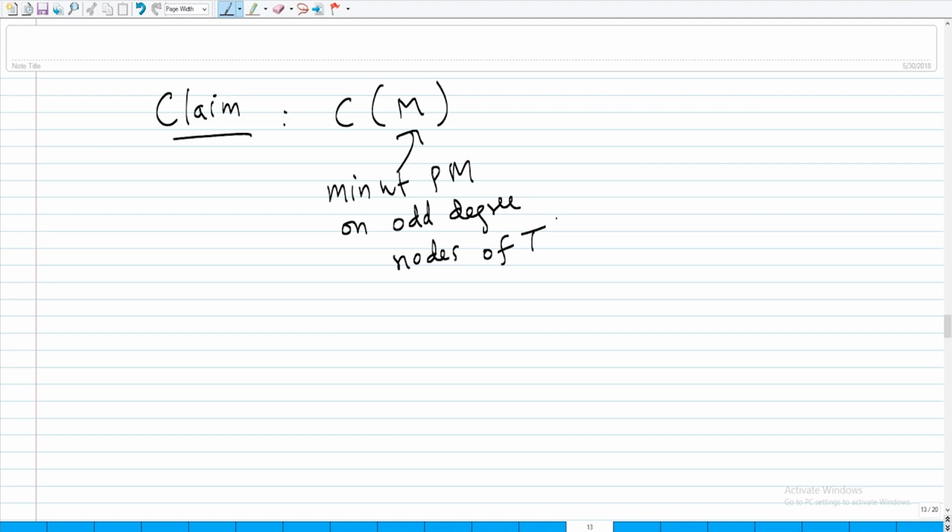The cost of the matching, what is this? This is the minimum weight perfect matching on the odd degree nodes of the minimum spanning tree. I want to show that this is less than or equal to half of opt of TSP. I have been interchangeably using C and D, but you know what I am talking about.